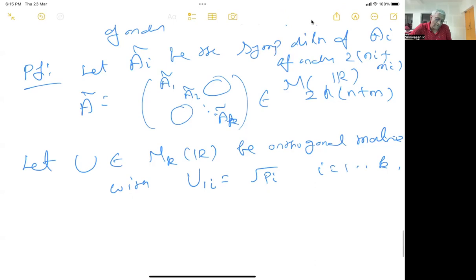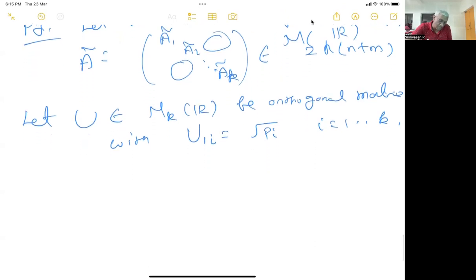So you take an orthogonal matrix like this. Then define S tilde equal to the matrix of U_{ij} times identity of size 2(n plus m).